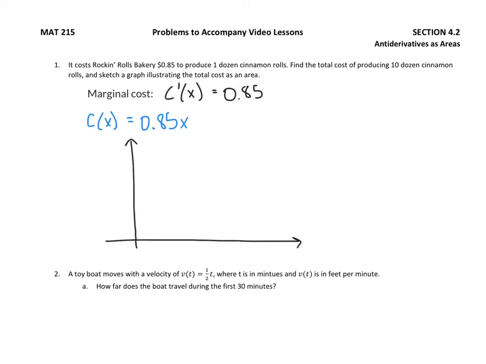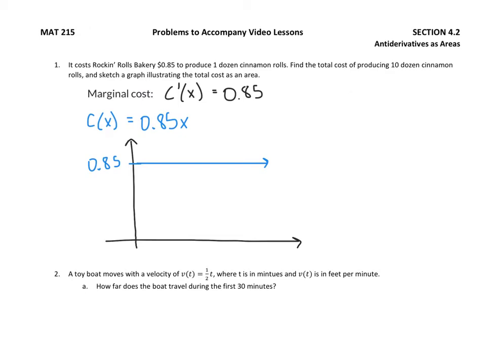So what we want to do is sketch a graph illustrating the total cost as an area. Well, we can do that by graphing the derivative, which is 0.85. So if I graph the derivative here, that's just going to be a horizontal line at 0.85. And then we want to find the total cost of producing 10 dozen cinnamon rolls.